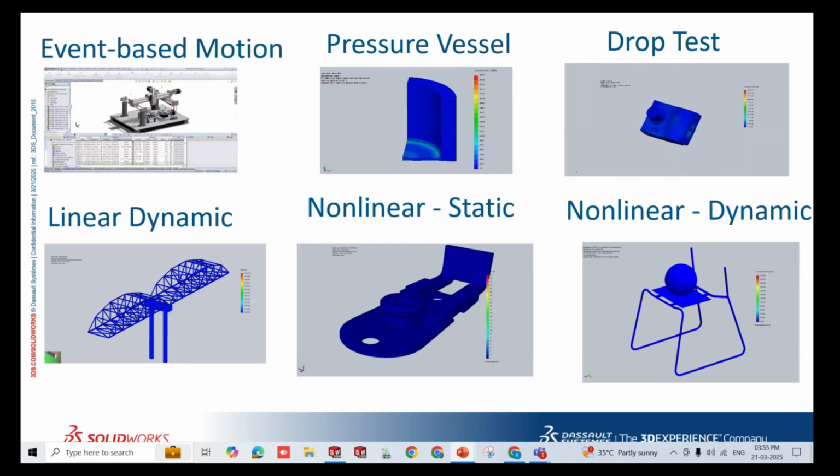Non-linear analysis. Linear analysis assumes linear material behavior, small deformations, and constant boundary conditions. These are the assumptions we take in linear analysis. But there are cases of non-linearity, like material non-linearity, contact non-linearity, or geometry non-linearity. What is material non-linearity?